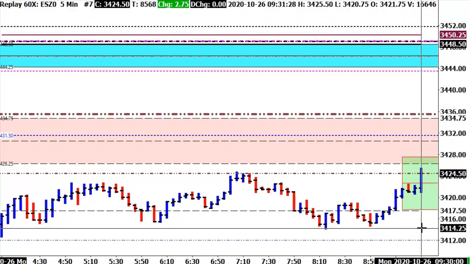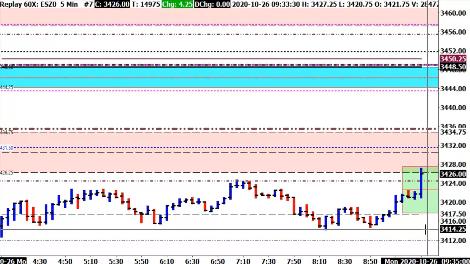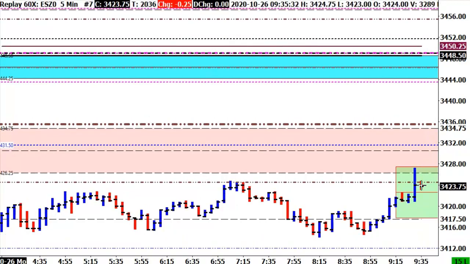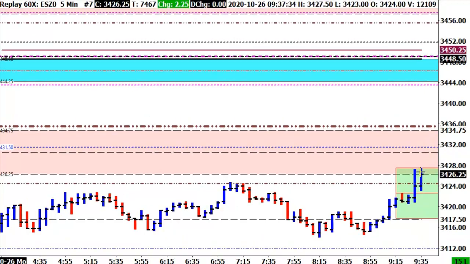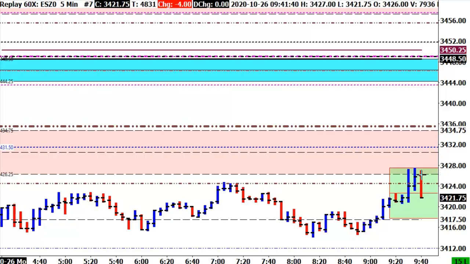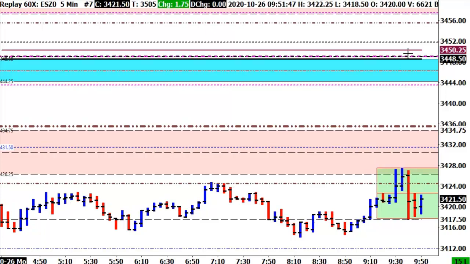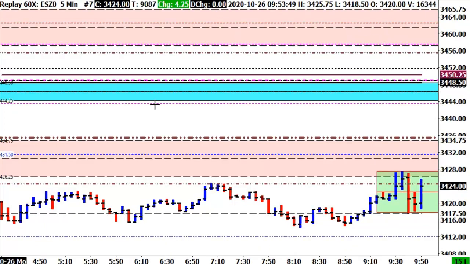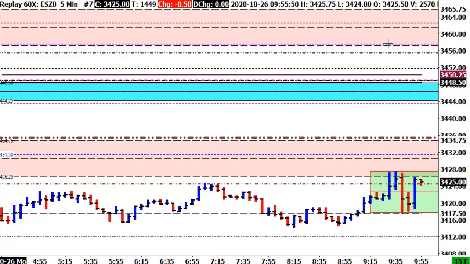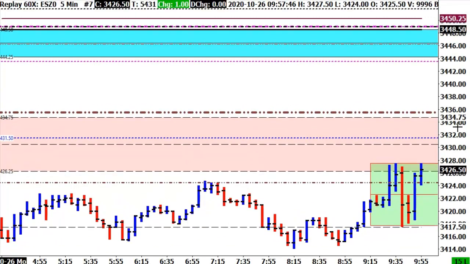So 9:30 is here, right? That's the opening candle or bar, as it were, and here's the drop. Now what's interesting is we opened below the entirety of the power zones, right?